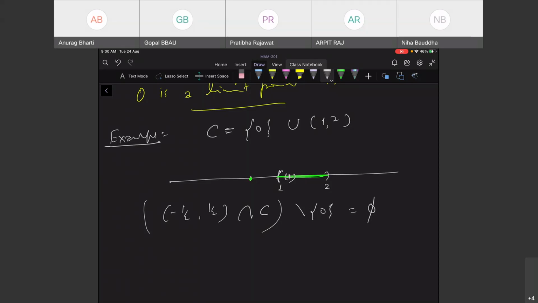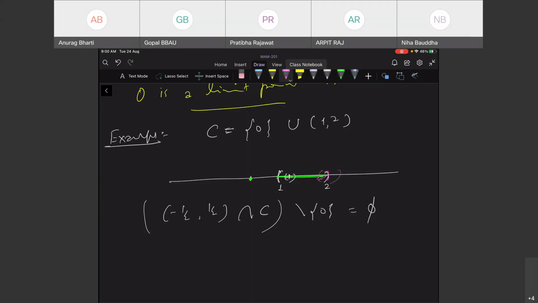Similarly, 1 is a limit point, 2 is also a limit point. You know how. Because if you consider this 2 and take a neighborhood of 2, it will always intersect with C other than the point 2.